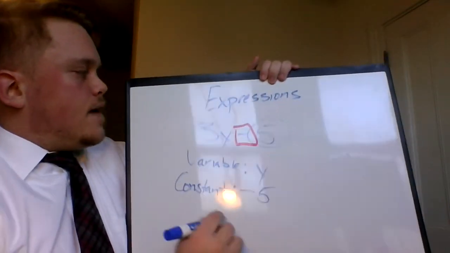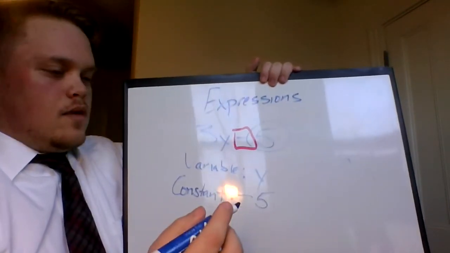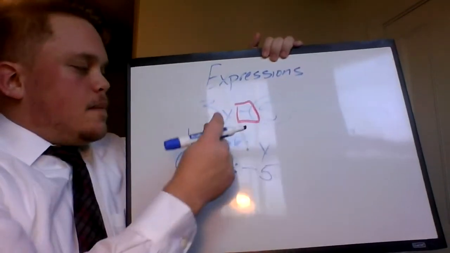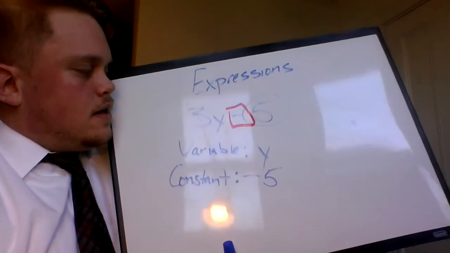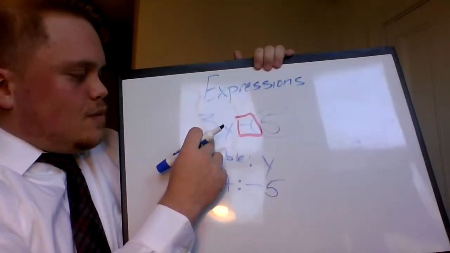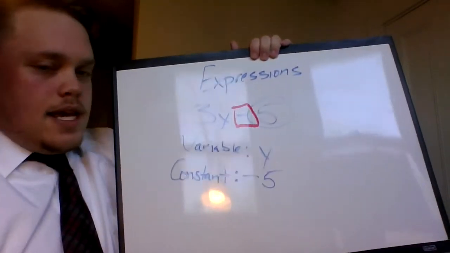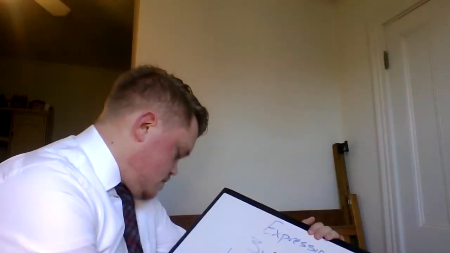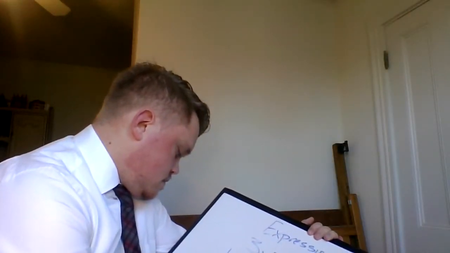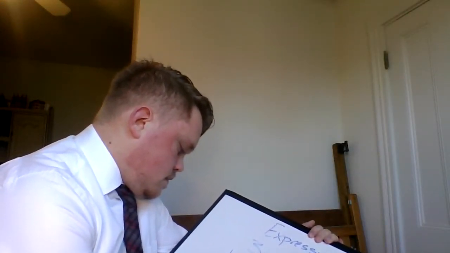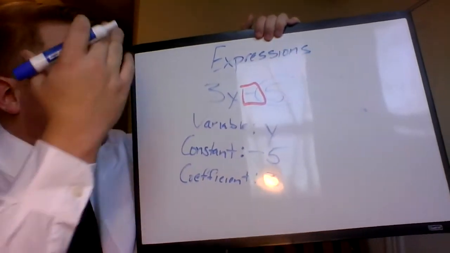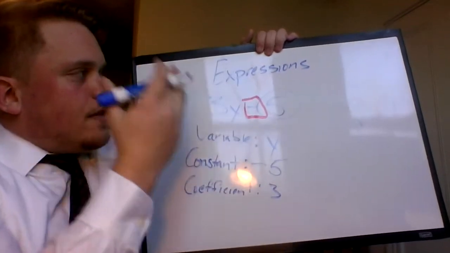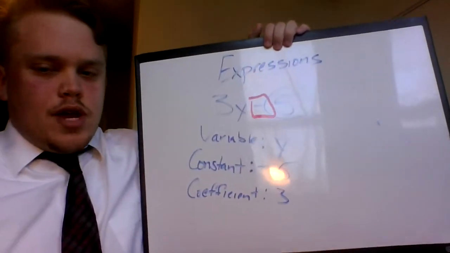And now, finding the coefficient. As we all remember, the coefficient is just the number directly next to the variable. And in this situation, we can easily see that that is 3. And now, boom, we have identified all 3 parts of this expression.